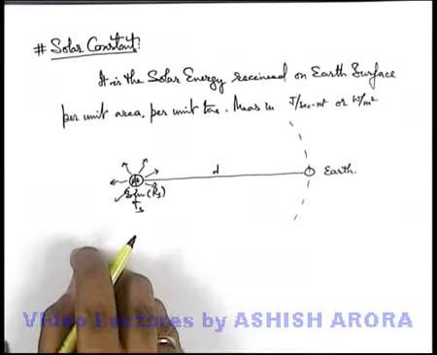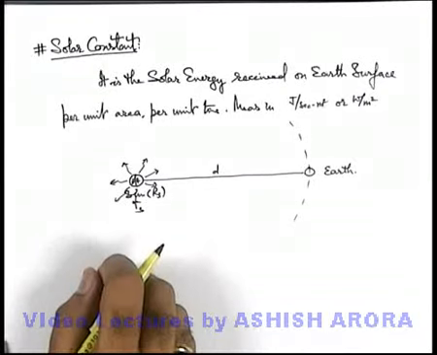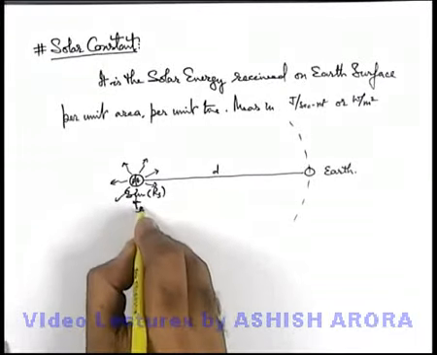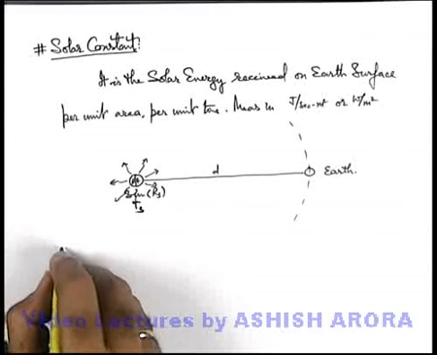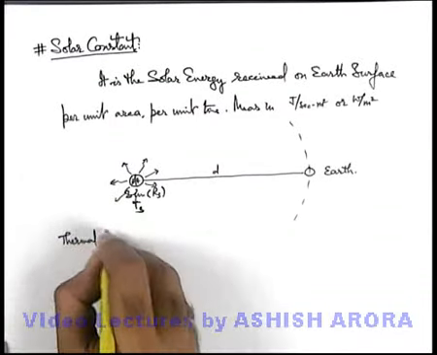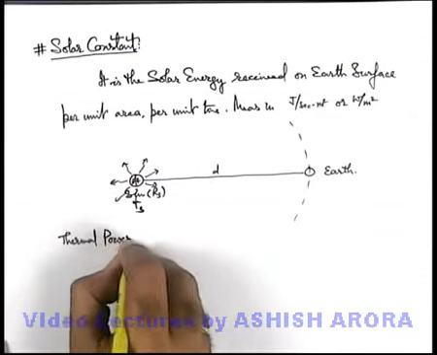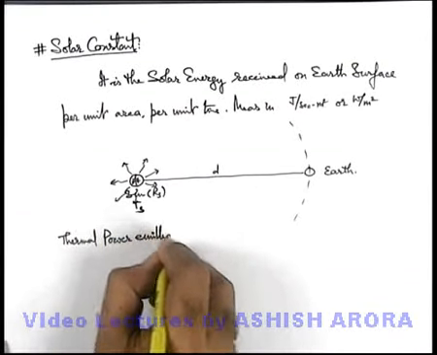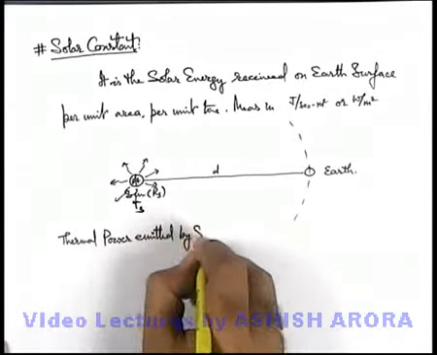If we calculate the total thermal power emitted by the sun, which is of radius Rs and temperature Ts, we can easily calculate it.